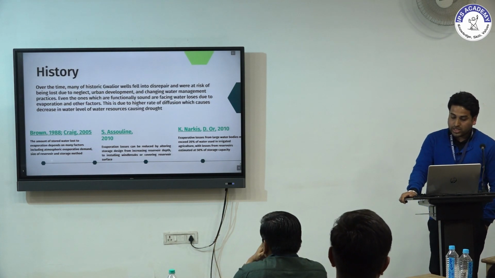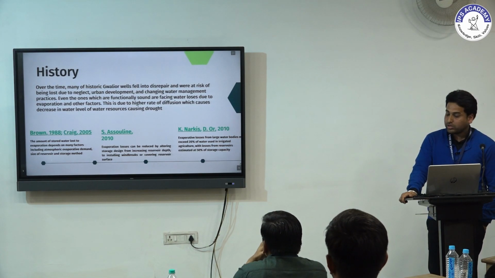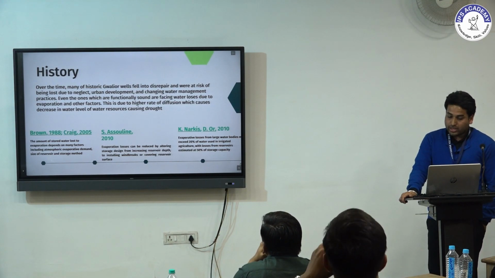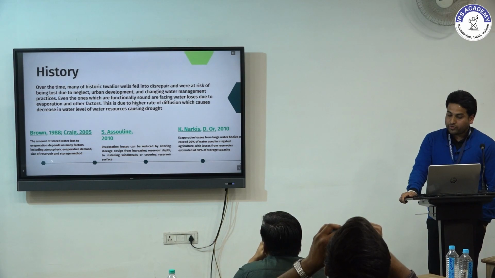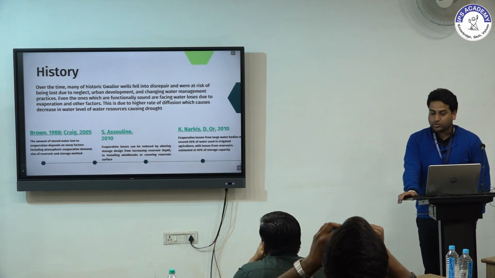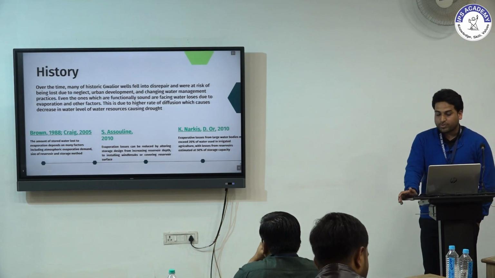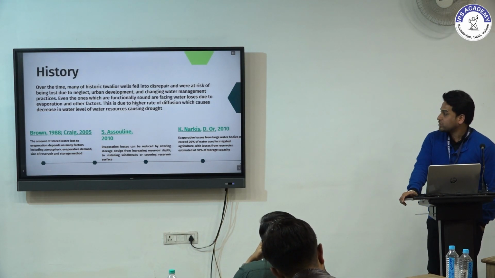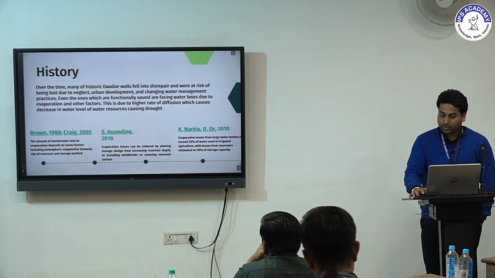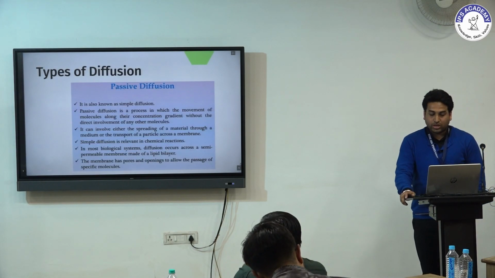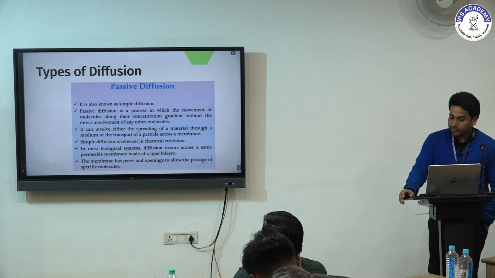Our third researcher, K. Narkis, Dor 2010, said evaporative losses from large water bodies may exceed 20% of water used in irrigated agriculture, with losses from reservoirs estimated at 50% of storage capacity. So this is our background for our research. Now, the types of diffusion: there are two types of general diffusion.